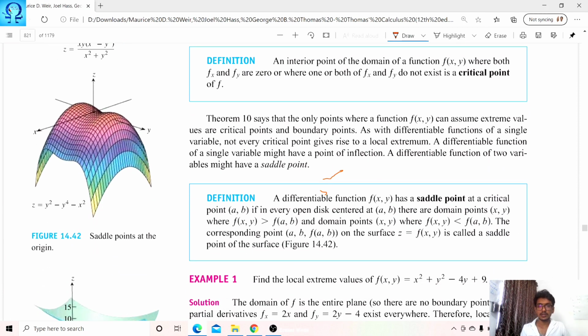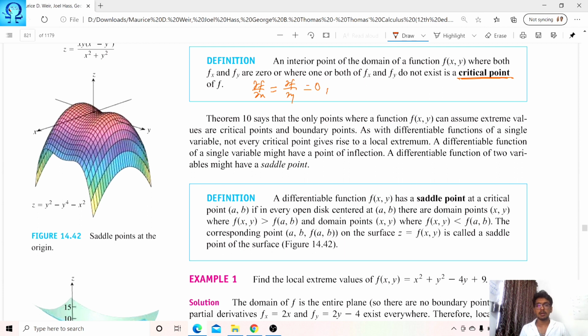A point is said to be a critical point. Okay, so the definition of critical point is given here. If both del f upon del x and del f upon del y are equal to 0 at some point, then those points are called critical points.